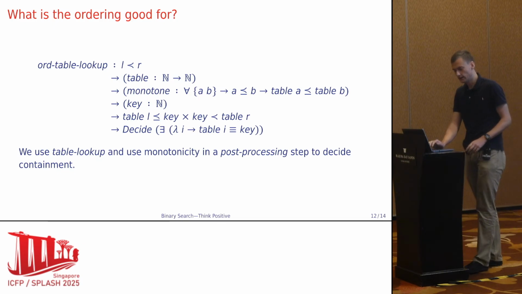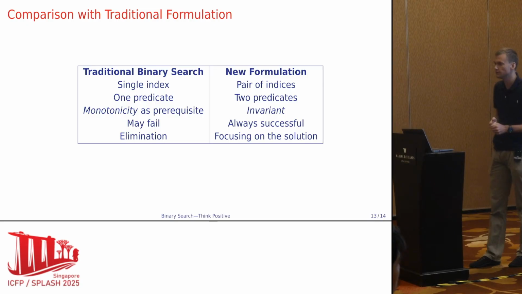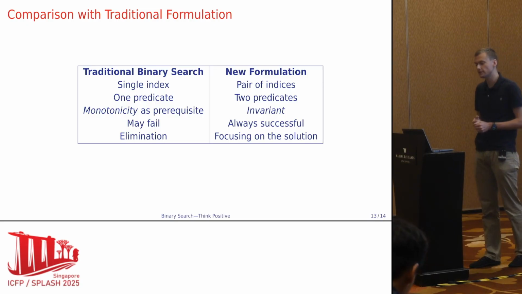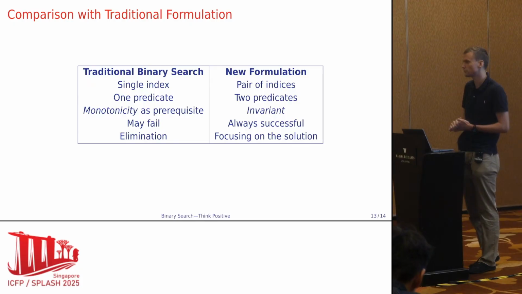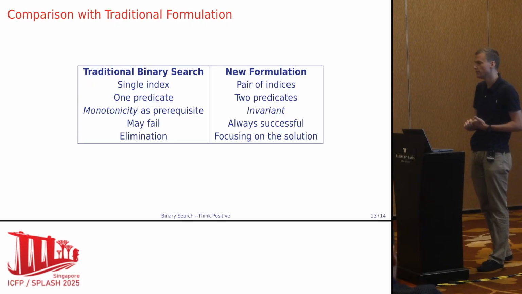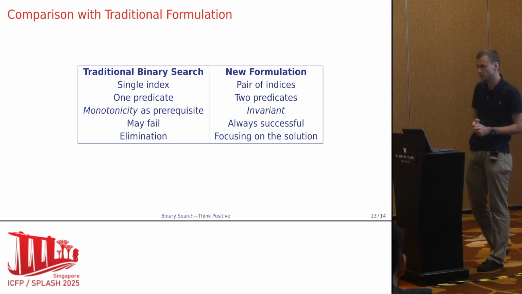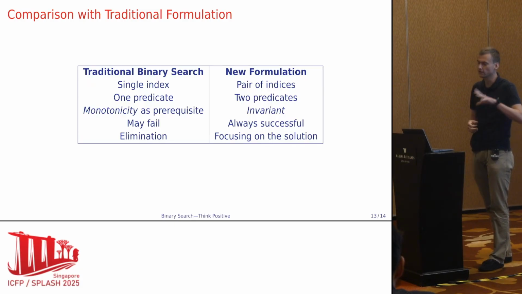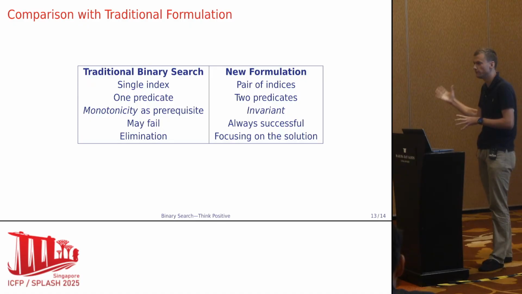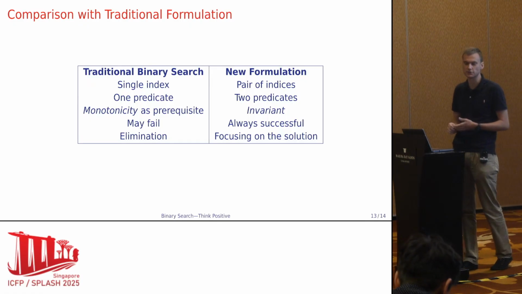So let's wrap this up. In traditional binary search, we look for a single index, but actually the right way to do it is we should look for a pair of indices, two predicates rather than only one predicate. And we don't rely on monotonicity, but really on an invariant for the leftmost and rightmost point of the search interval.